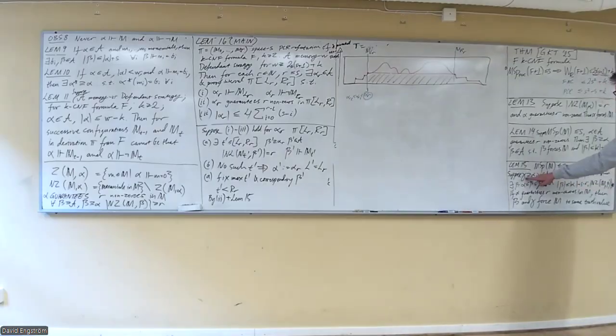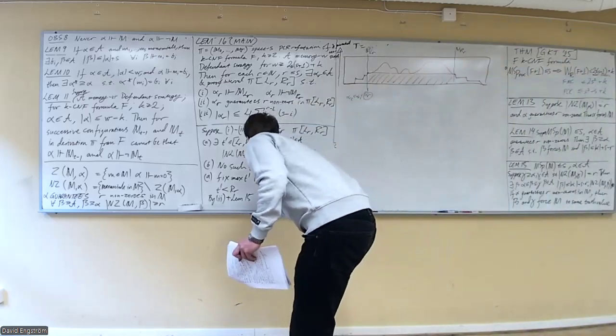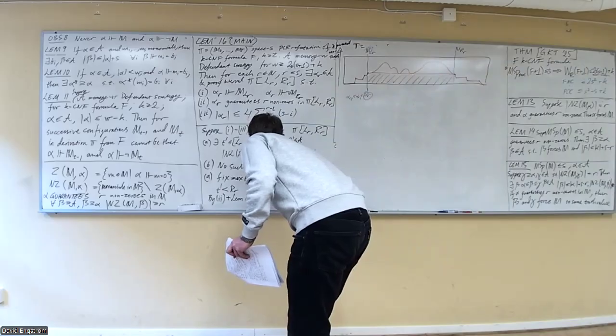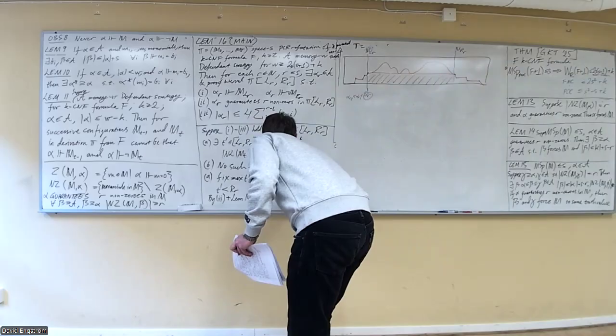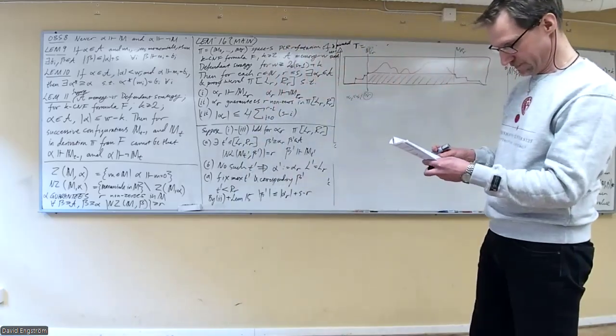Then I'm saying without loss of generality, I don't need beta prime to be larger than this. So let's just shrink beta prime. I know beta prime is at most alpha R plus S minus R.